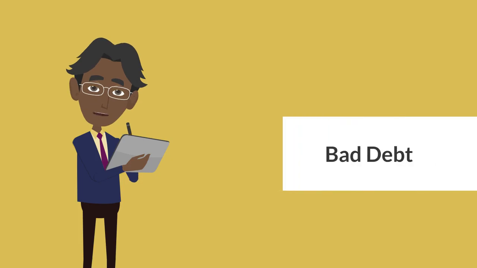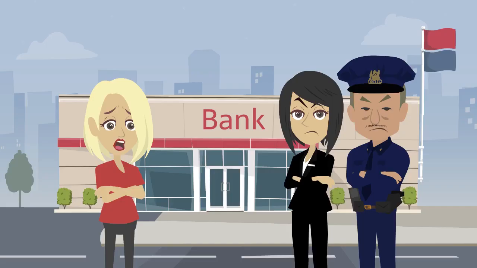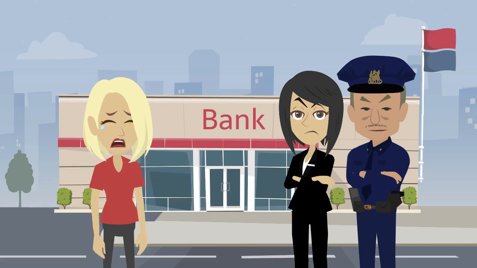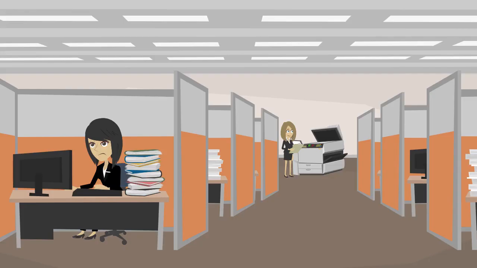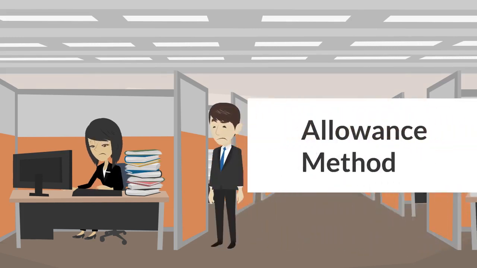Regardless, this unrecoverable debt from customers for the firm is referred to as bad debt, and firms have a bad debt expense account to recognize uncollectible debts. A common example of this is a borrower that doesn't pay back their loans from a bank. Companies usually use the allowance method to record bad debt expenses.